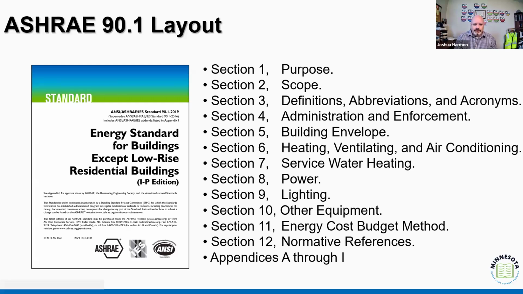Like I said, we'll put a link on our website just to make sure you have access and know where to go to get it. But again, that code is designed to break out the different components into 11 different sections and a bunch of different appendices, all of which were not adopted by the state as far as the appendices. And what we're really looking for are the technical standards behind different components within the building design, right?